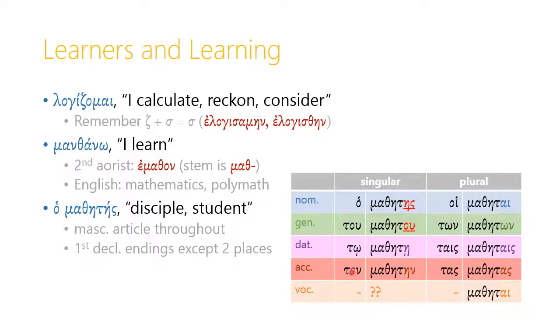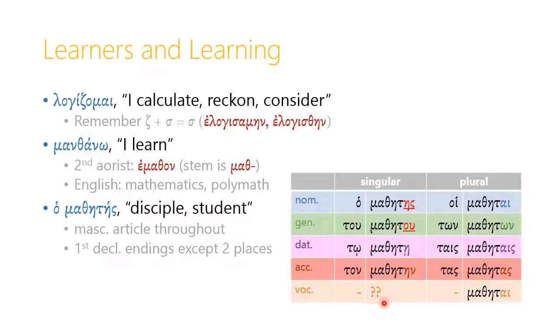The accusative is ton, masculine, methetein, the first declension ending. In the plural then we have hoi methetai, ton metheton, tois methetais, and tas methetas. And the vocative plural is just methetai, the same as a regular first declension noun.